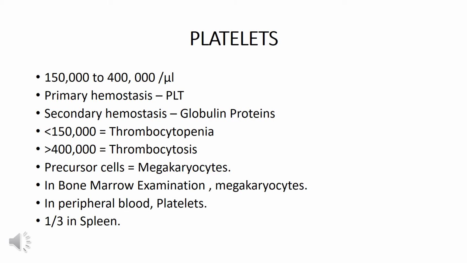So instead of one third, two thirds of the platelets get stuck in the spleen. In splenomegaly, when the spleen is enlarged, platelets in peripheral blood become low in number.